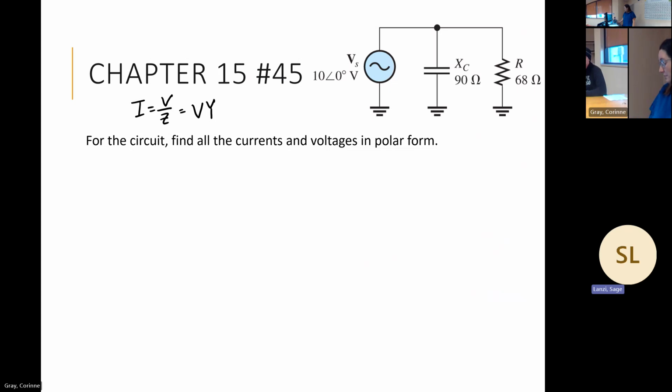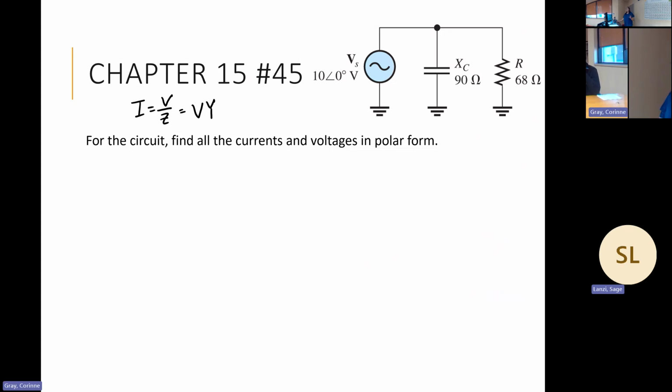Does 10 volts, 0 degrees have anything? That is telling us that it is starting at sine. So that is a 10 volt sine of omega t plus 0 in that case.